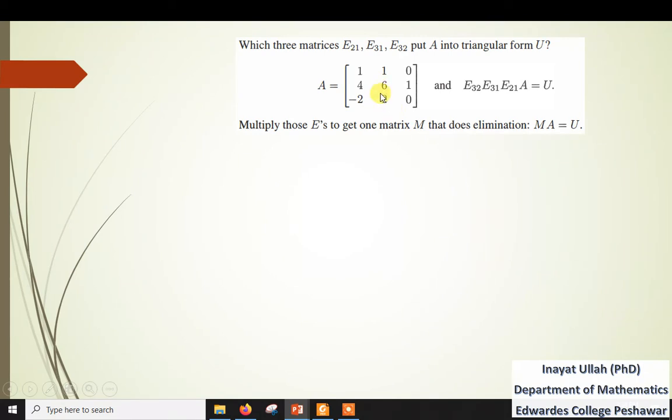So that's why we have written there, but that is not actually this matrix. That matrix will be this whole matrix, because we are applying E32 on this whole matrix. And what is the value of this whole matrix?